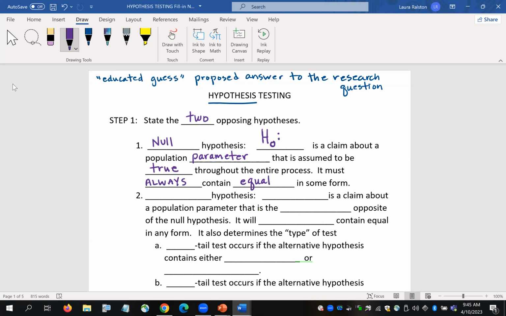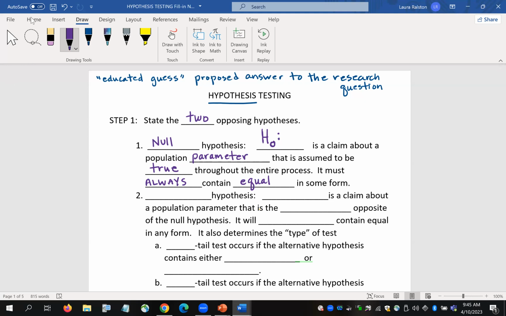You can almost think about hypothesis testing like a court case. Within the United States, a defendant is presumed innocent until proven guilty. And so in this process of hypothesis testing, the null hypothesis is assumed to be true, to be accurate, to be valid until we prove otherwise.